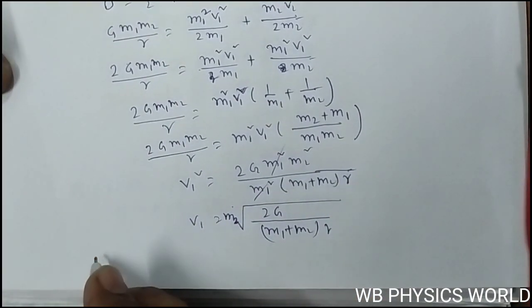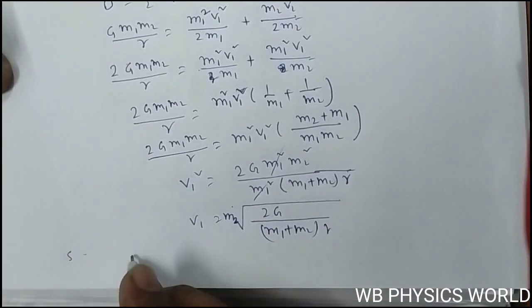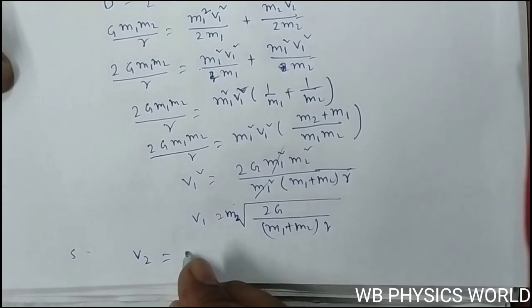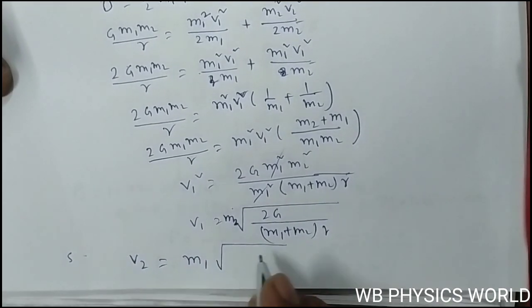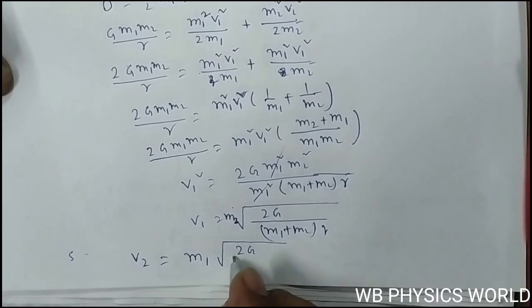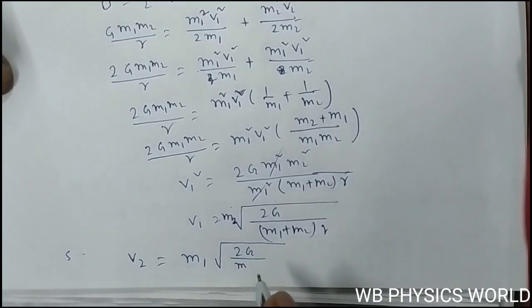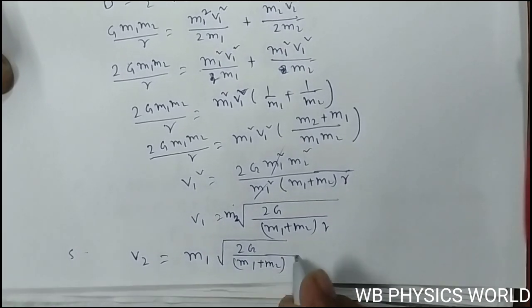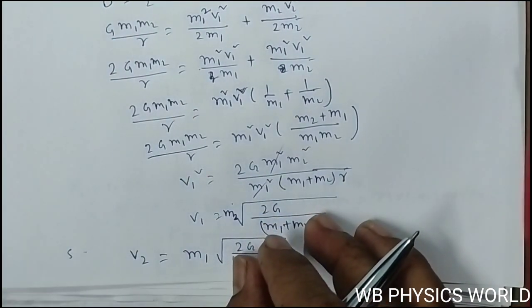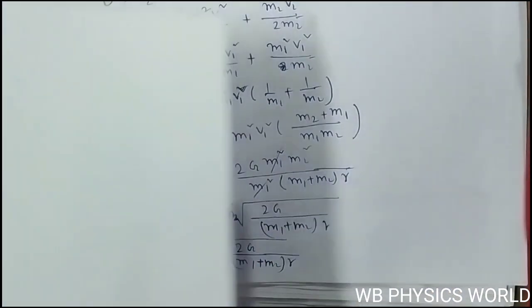Similarly, v2 can be written as v2 equals m1 root over 2G (m1 plus m2) by r.